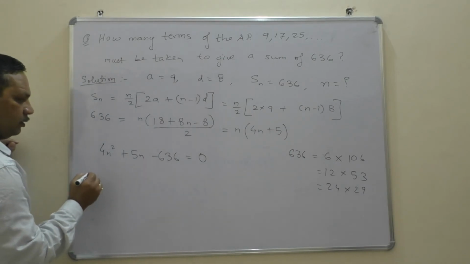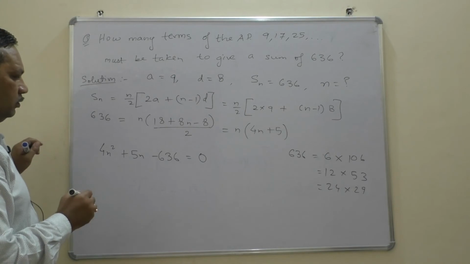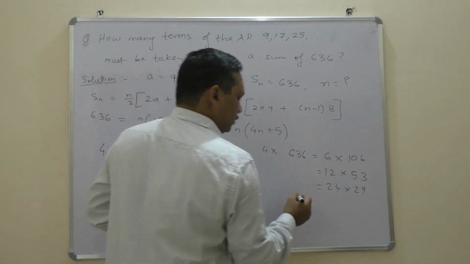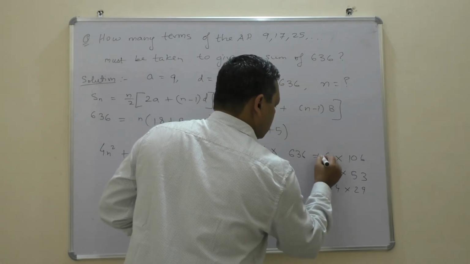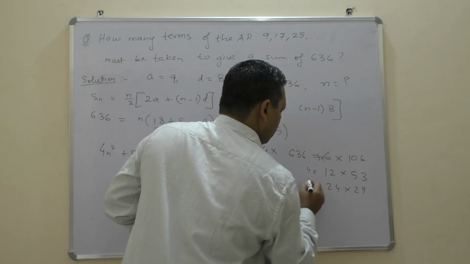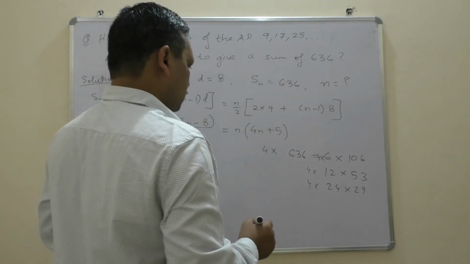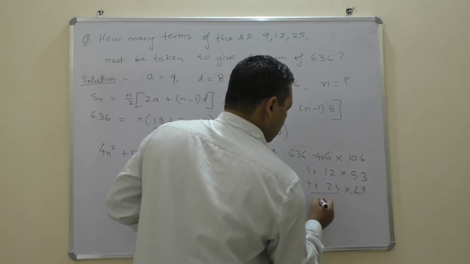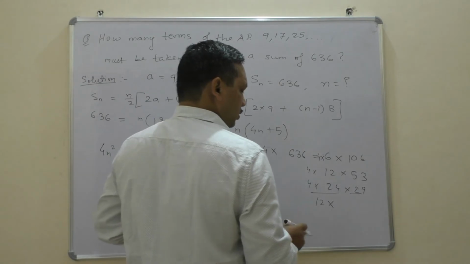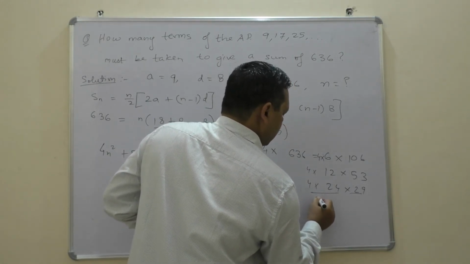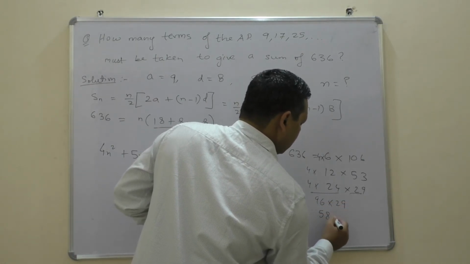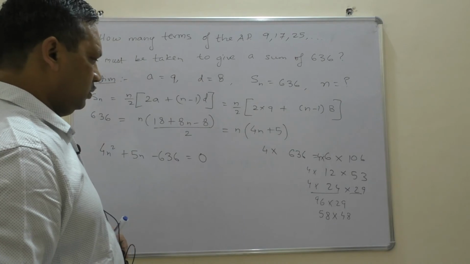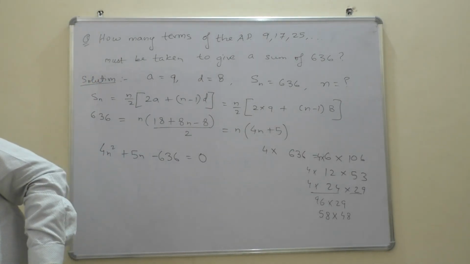Sorry, it is 4 into 636, so 4 into 12, 4 into 24, or 96 multiplied by 29, or 58 multiplied by 48. Clear? So this is 4n square plus 5n.